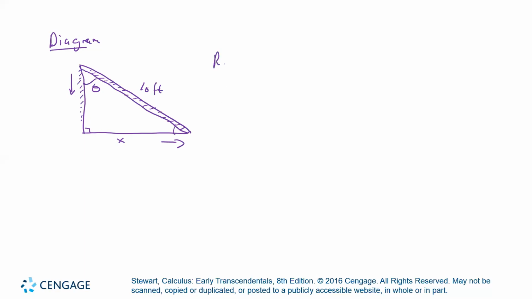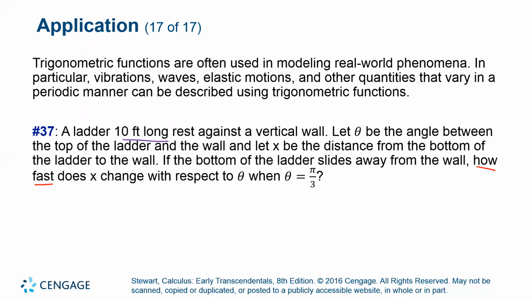So we have to find a formula. What's the relationship between x and theta, the angle? That gives us the function. Now, according to the question, how fast does x change with respect to theta?